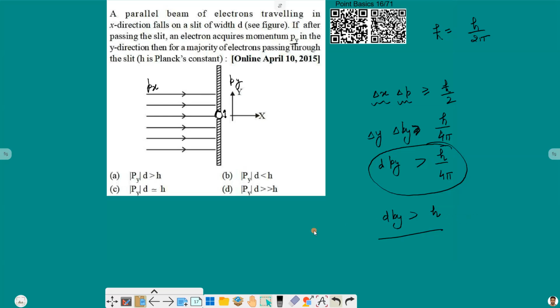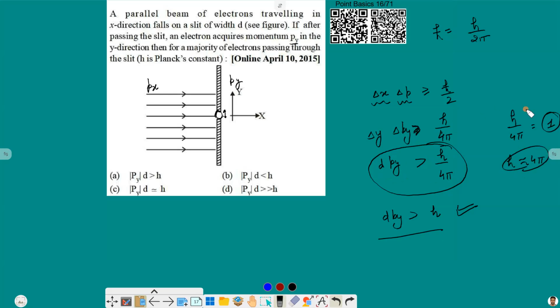So from that, what can we conclude? Oh, sorry, this cannot be concluded directly. Let's suppose h by 4 pi is 1 for approximation. Then h will become equal to 4 pi.